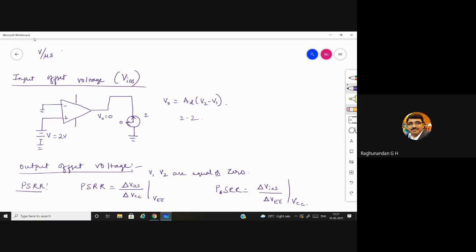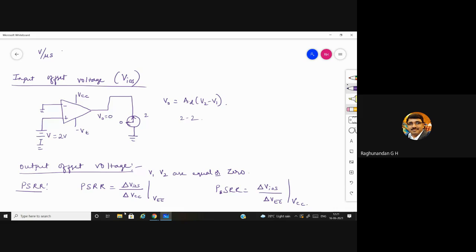So here it is a ratio of the change in the input offset voltage due to the change in the power supply producing it, keeping the other power supply constant, because for an op amp you need two connections, right?